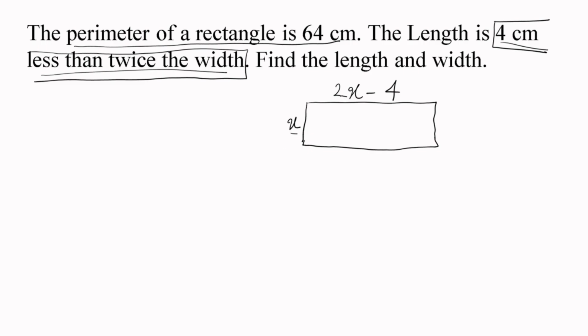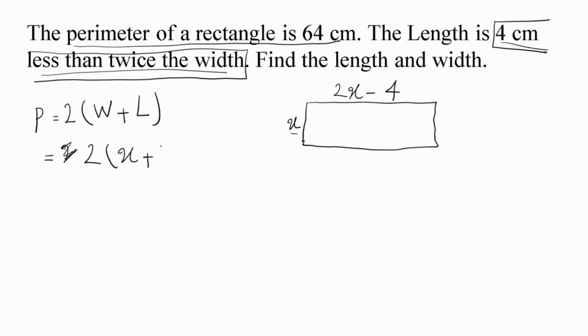Now let's get back to the business. What is the formula of the perimeter of a rectangle? As you definitely know, the perimeter of a rectangle is equal to 2 times parentheses width plus length. Here I have width and length based on variables. 2 times, what is the width? It is x. What is the length?